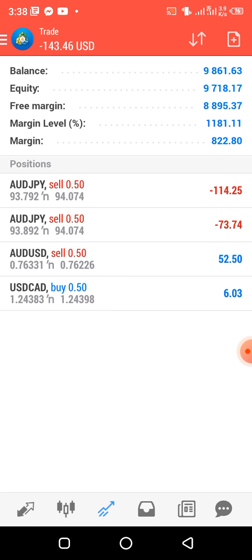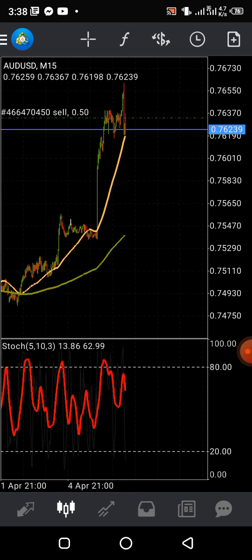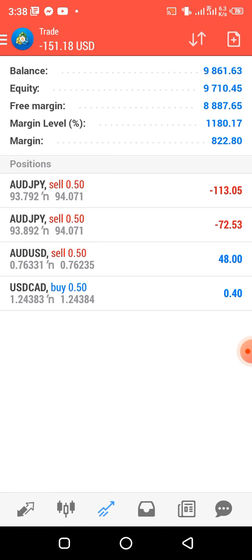Just like we are having Australia USD dollar, it's making profit. Or we can decide to close this trade that is on profit manually. AUD USD is on profit, so I might decide to close this.